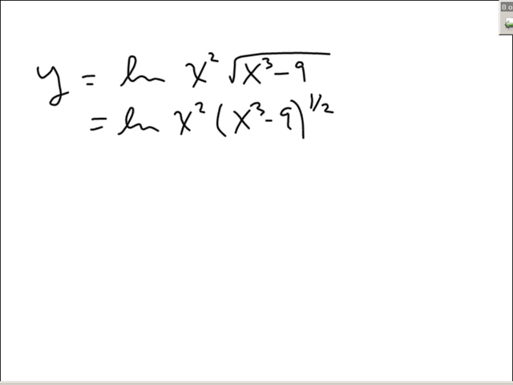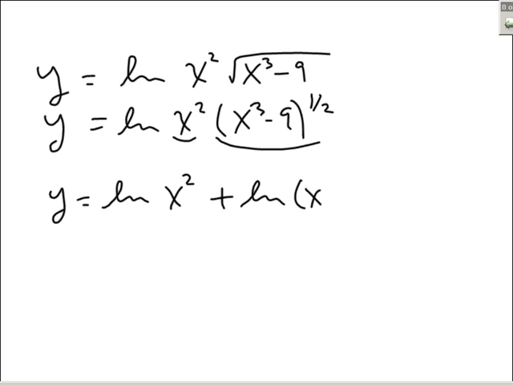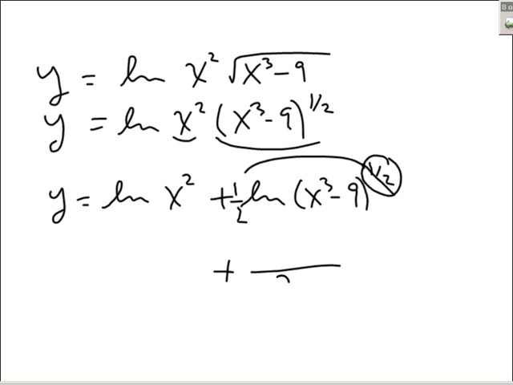So now you have ln of one thing times another thing. So that's ln of the first thing plus ln of the second factor. Now in the second term, you should bring the half down. And you take the derivative of that, well, you have 1/2. I put the x cubed minus 9 in the bottom, and I put its derivative on top.